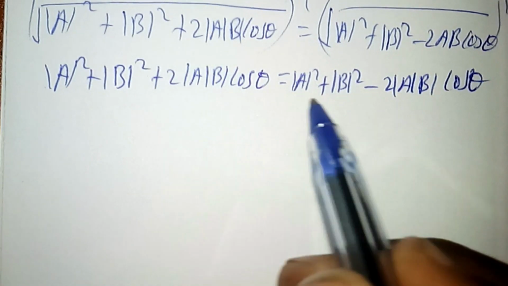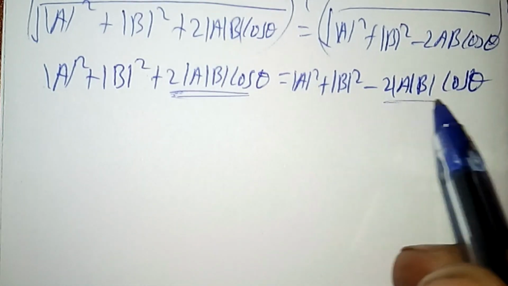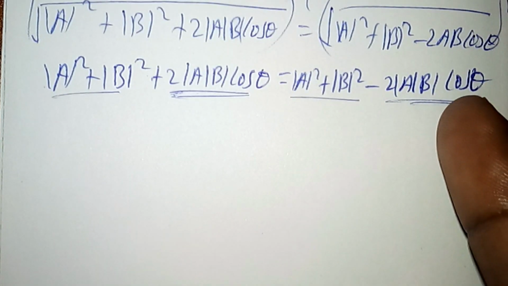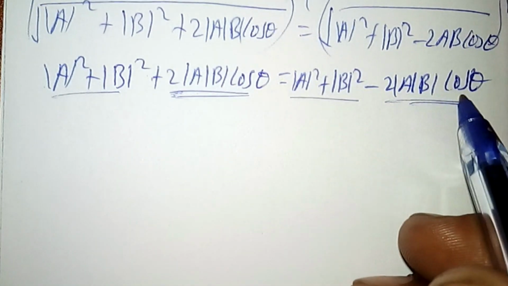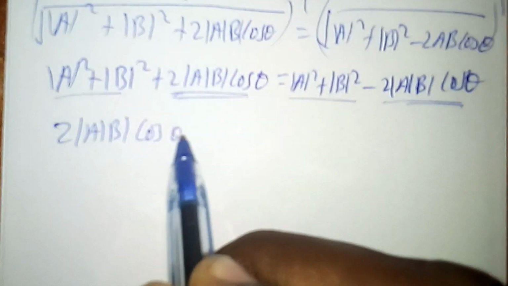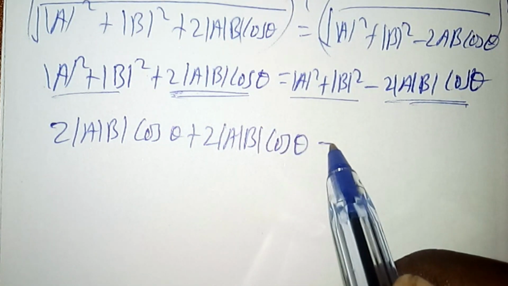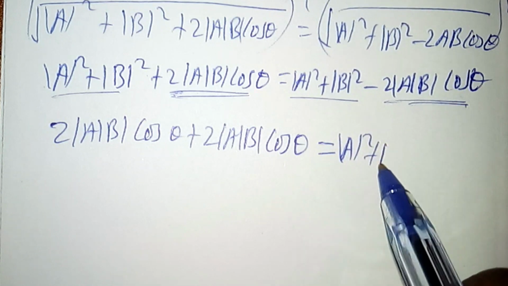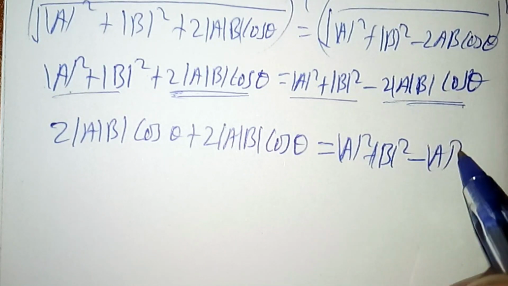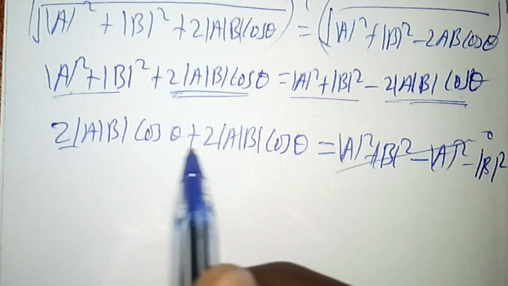Then I collect the like terms together. That means the terms with cos on one side and the terms with a and b magnitudes on the other side. If I transfer the minus 2ab cos theta to this side, I have twice the magnitude of ab cos theta plus twice the magnitude of ab cos theta is equal to the magnitude of a squared plus the magnitude of b squared minus a squared minus the magnitude of b squared. So those terms become 0, and 2 plus 2 is 4.